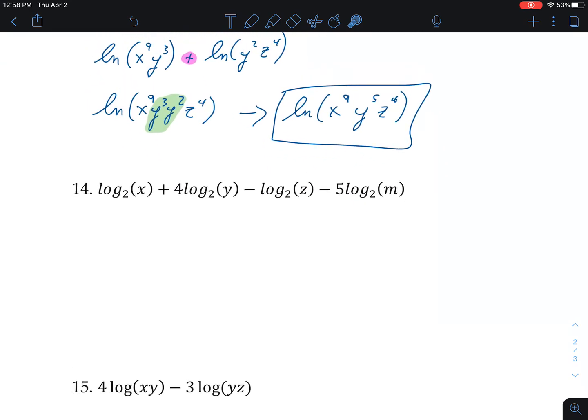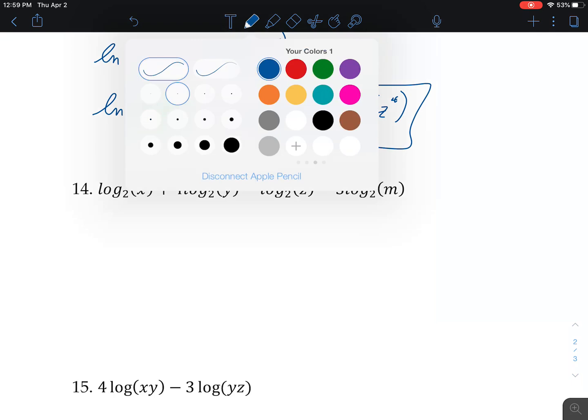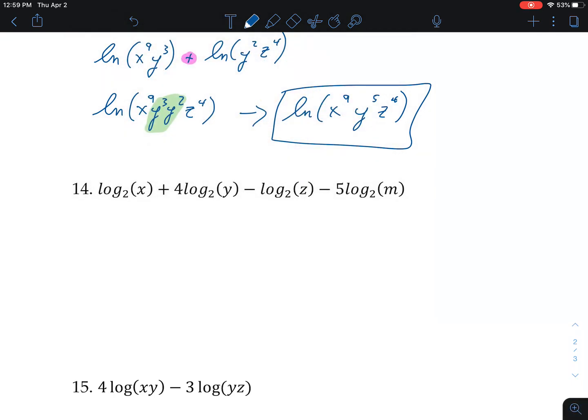This is kind of going back to the idea of this double minus sign. It does not mean it's like a compound fraction. It means that those two things are really multiplying on the bottom. Some people got tripped up with this. Log base 2, base 2, base 2, base 2. All base 2, so we are allowed to combine them. Log base 2 of x plus, I see the 4, it goes up top, log base 2 of y to the 4th.